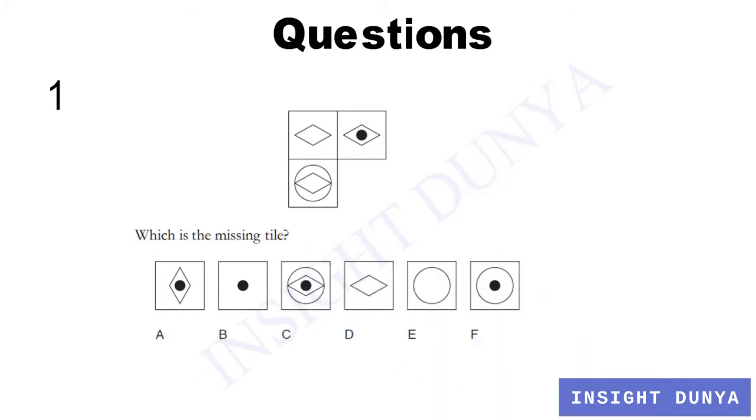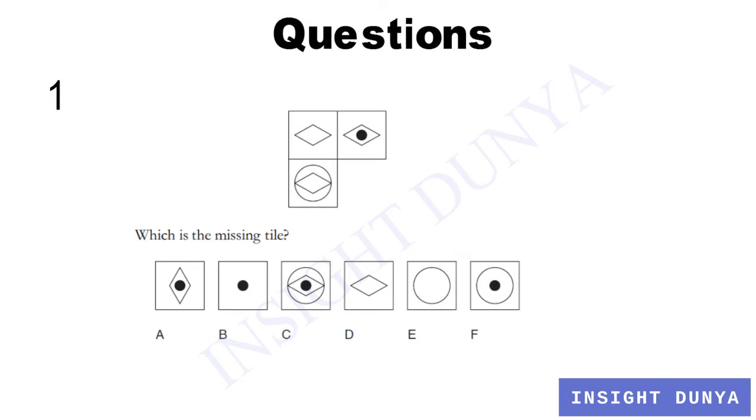You can see that in this big square, one tile is missing. To find the missing tile, we need to look for the pattern or the relationships in the tiles. Looking from left to right, or horizontally, a black dot is added in the first tile. While looking from up to down, or vertically, you can see that a circle is added to the first tile.